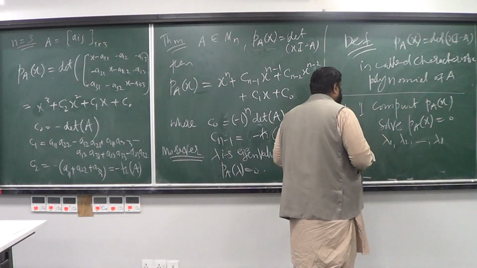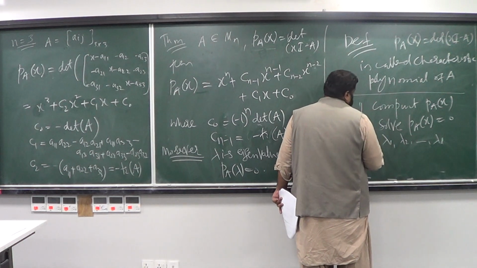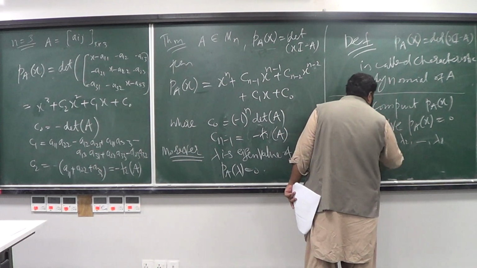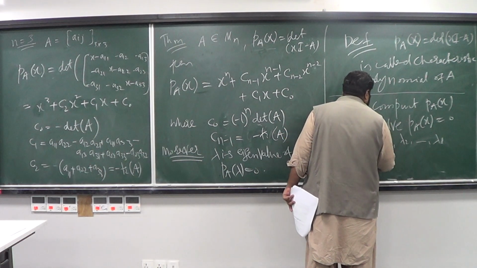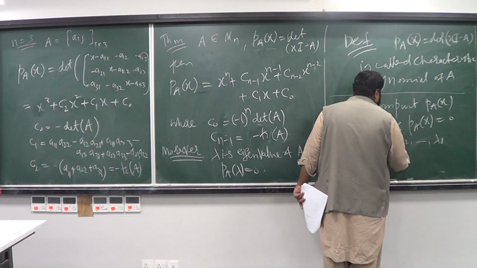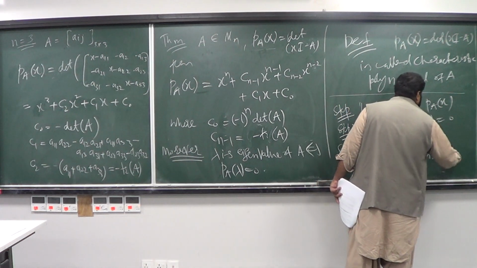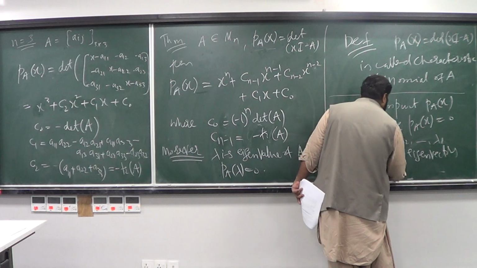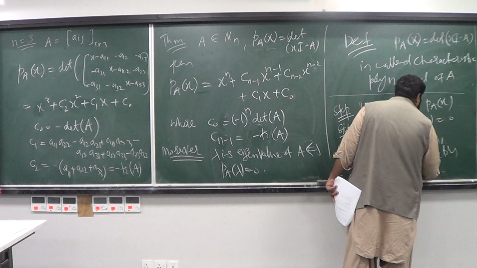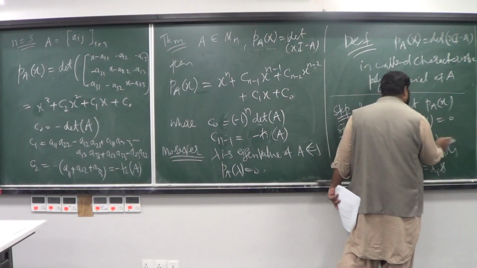In order to find the eigenspace, in other words the eigenvectors corresponding to each one of these eigenvalues, solve Ax equal to lambda i x for all these values.